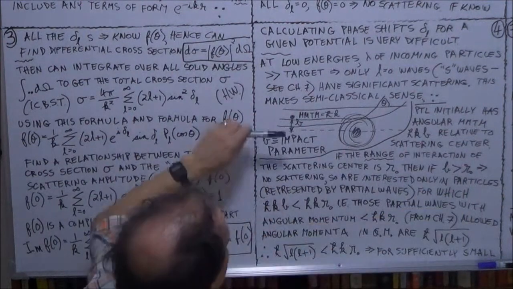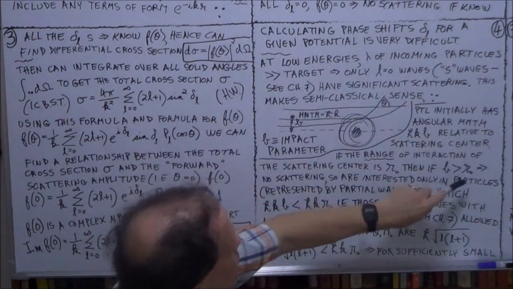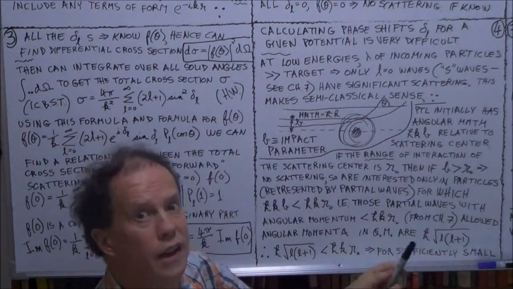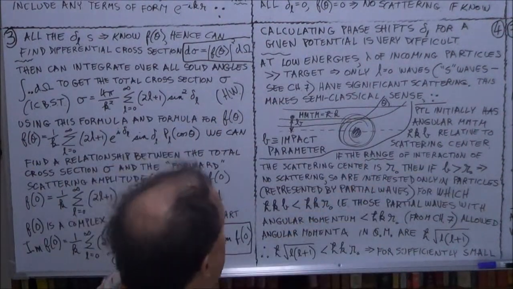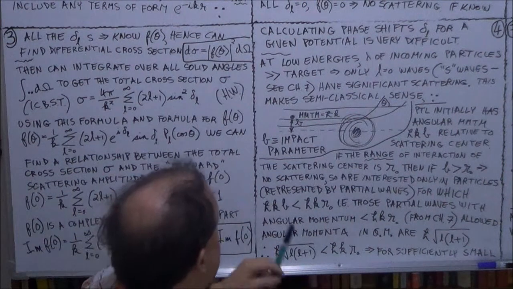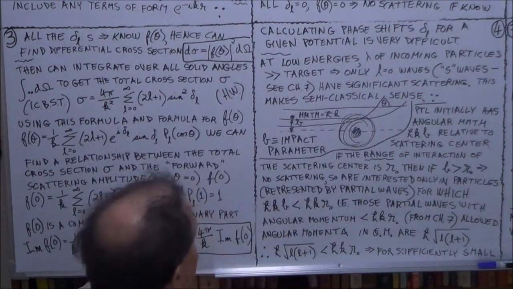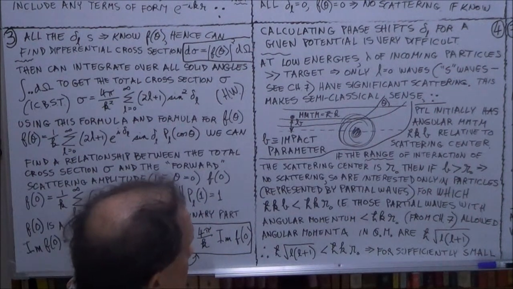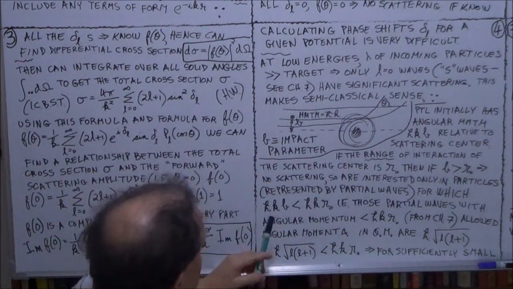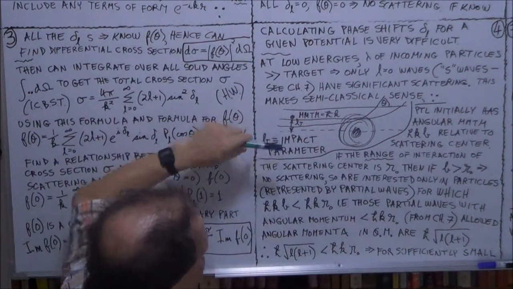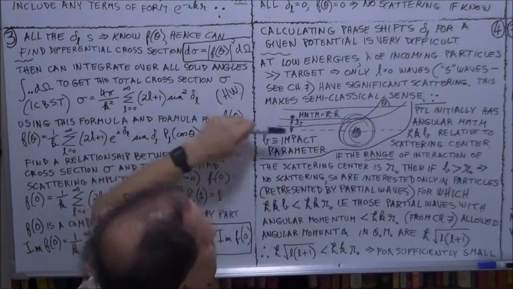R0. So if this impact parameter is larger than that, this incoming particle will not feel anything, right? It won't deflect. Okay. So in that case, there's no scattering. So we're interested in scattering. We want to know what's happening.